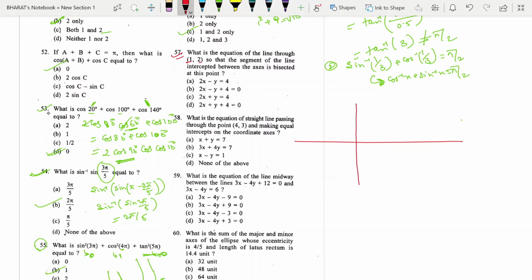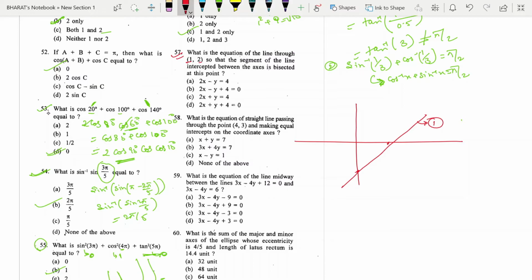The first equation is 2x minus y equals 4. Putting x equal to 0, we get y equal to minus 4, and putting y equal to 0, we get x equal to 2. This line is something like this. This is the first option.